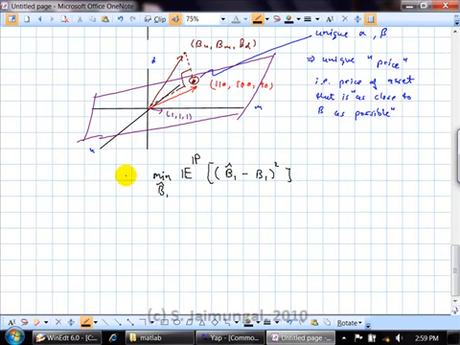So B1 hat is the argmin. What is argmin? It means the thing which attains the minimizer there. So you find the B1 hat that actually gives you the minimum. And then you say that the value of B is equal to the value of B1 hat, which would be alpha times A0 plus beta, which replicated it.